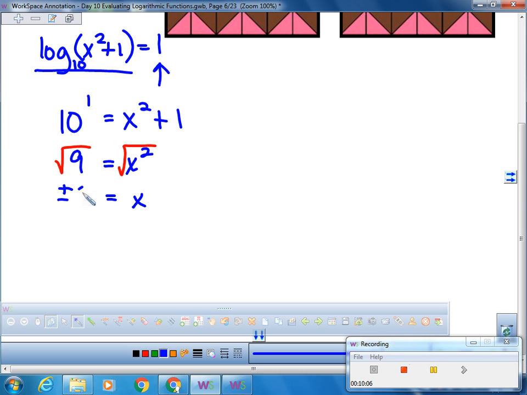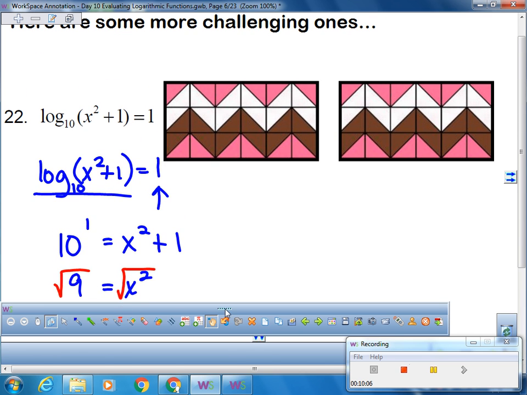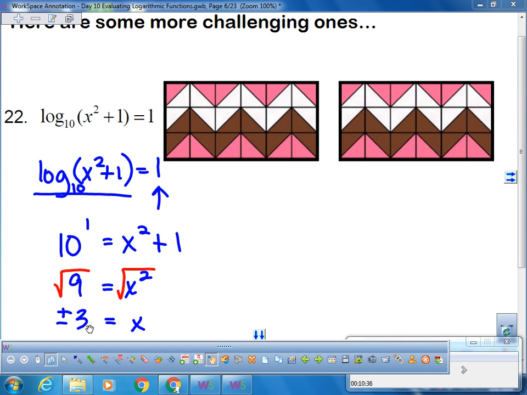x equals plus or minus 3. Plus or minus being because if I put a 3 in there and square it, I'm going to get 9. If I put a negative 3 in there and square it, I'm still going to get 9. Now this is where it just gets a little bit tricky. In this case, the plus and the minus works.